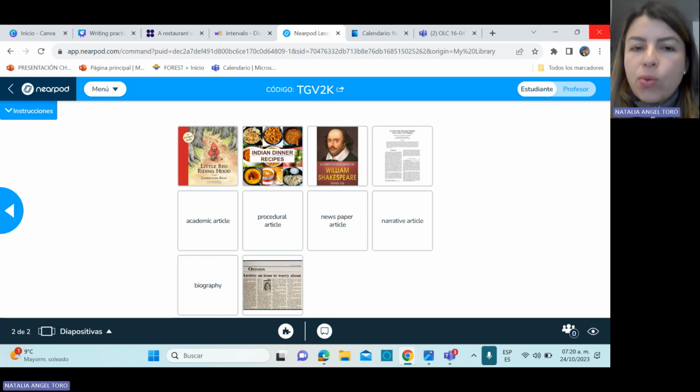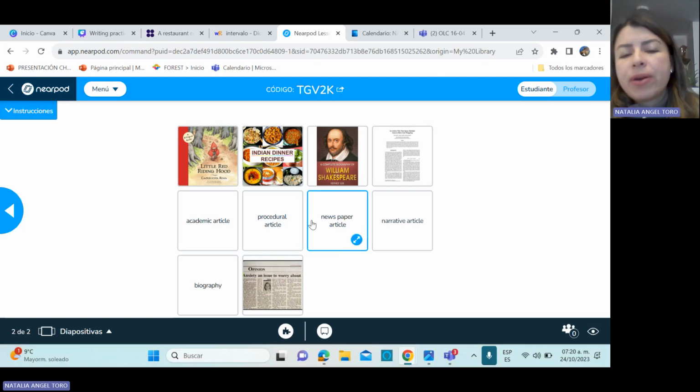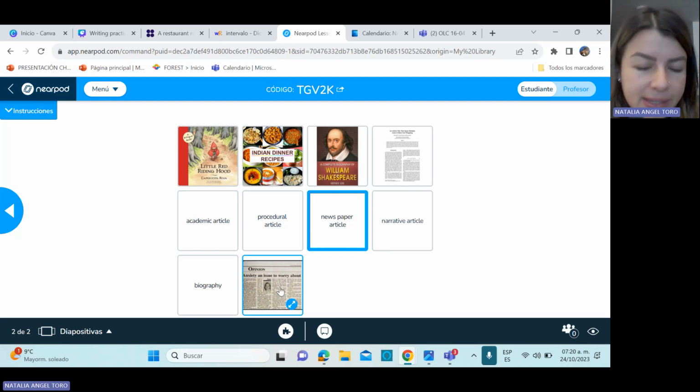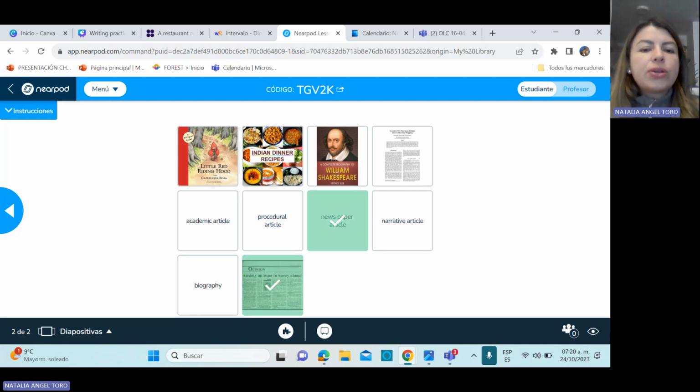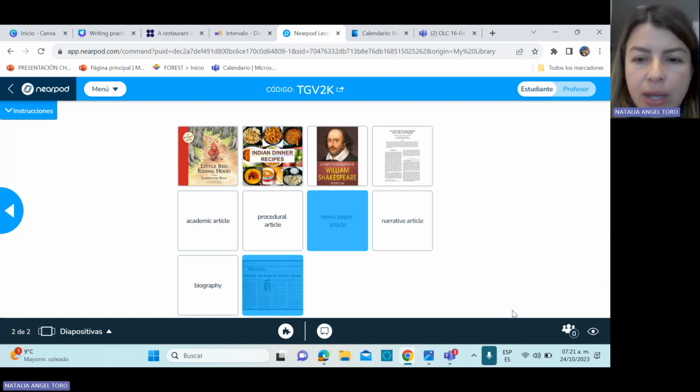Let me know which one you think could be a newspaper article. Which picture belongs to newspaper article? Maybe the last one. The last one. Yeah, in that case, it is an opinion article. And yes, very good. What about biography?